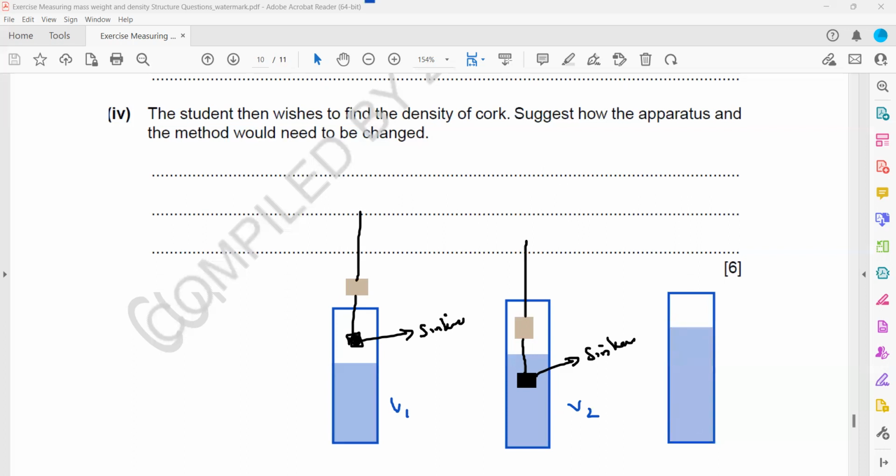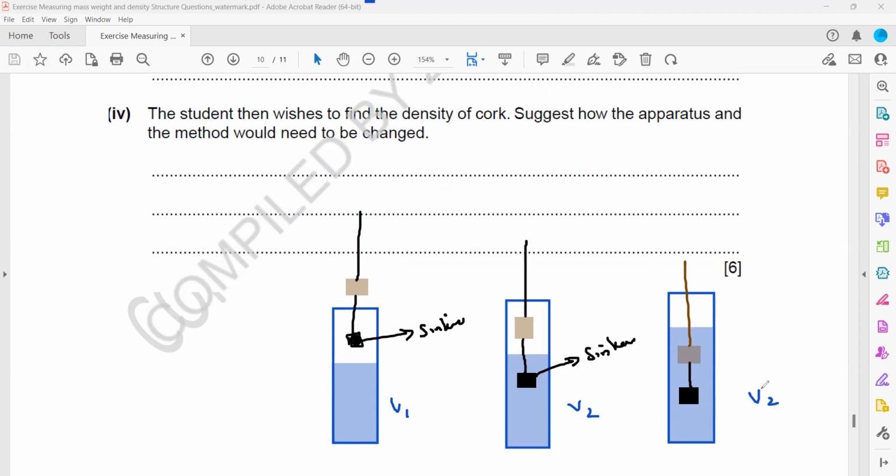So the sinker will take this object inside. So this volume will be V3.